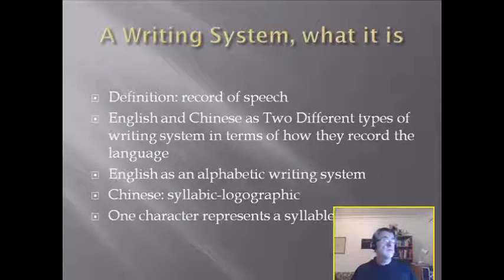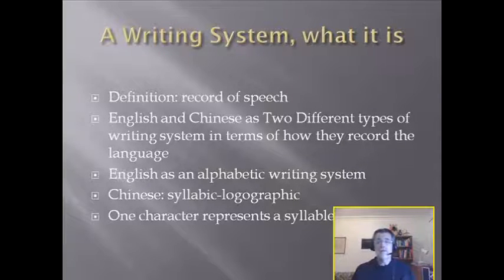Cool. So, forgive me, I'm reading off my PowerPoints here. All right, so we're going to talk firstly about a writing system and what that is. A basic definition of a writing system is that it is a record of speech. English and Chinese have two different types of writing systems in terms of how they record language.